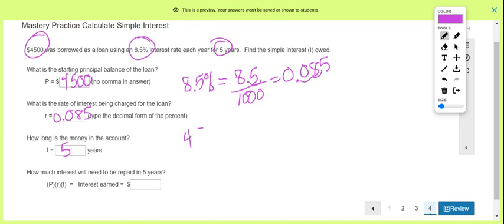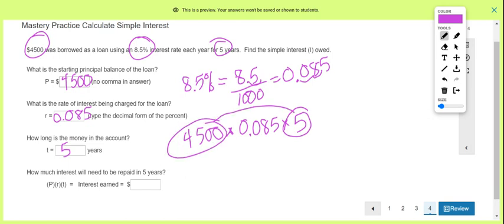So we have 4,500 times 0.085 times 5. Now, you can multiply that any way you want. I am actually looking at this thinking maybe it's a little easier if I multiply 5 times 4,500 and then multiply it by 85 hundredths. 5 times 0, 5 times 0, 5 times 5 is 25, carry the 2, so that's going to be 22,500.